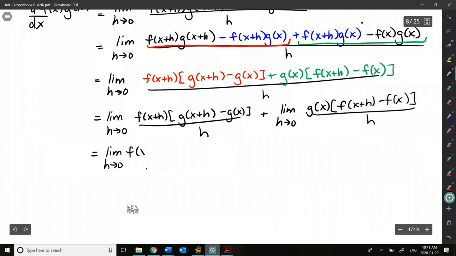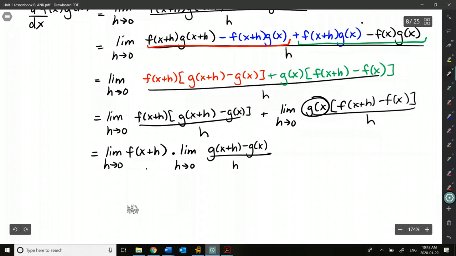So I'm going to take the limit as h approaches 0 of f at x, and that will be multiplied by the limit as h approaches 0 of all of this stuff that's left here. And then same thing over here. This will be by itself, and then I'm going to have this whole thing right here.